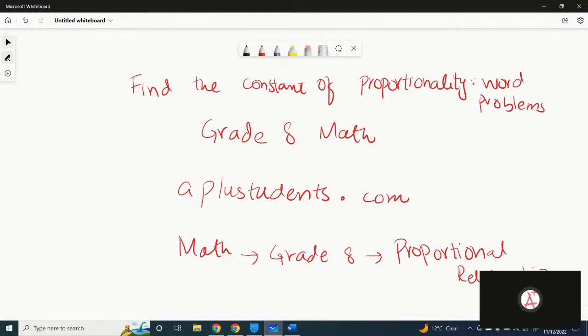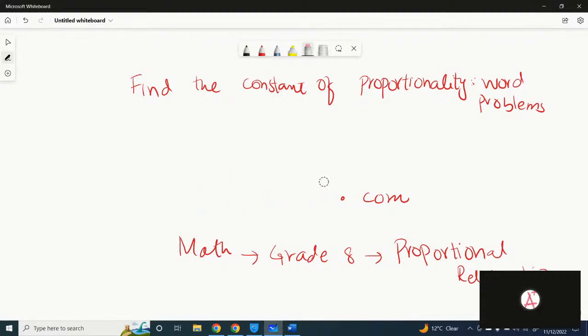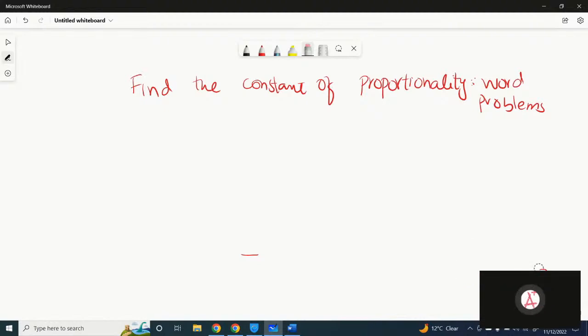Please make sure you have your notebook and pencil so that you can note down the important examples and definitions as well. So let's start with the topic. We are on grade 8 maths. The chapter name is proportional relationships and the lesson name is find the constant of proportionality word problems. Got it?